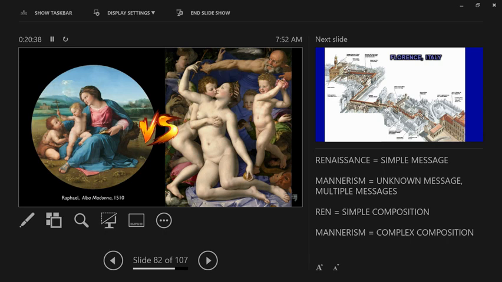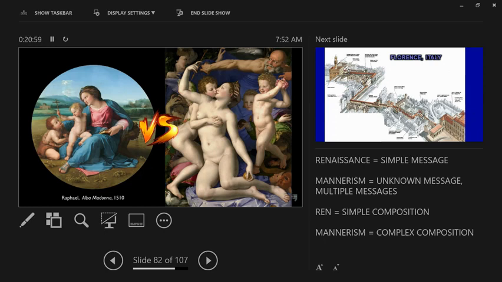So I'm going to show you a huge difference in style between the Renaissance and Mannerism. On the left, we have a Renaissance painting by Raphael, and look how nice it is. Look how well composed it is. And we have that triangular composition.